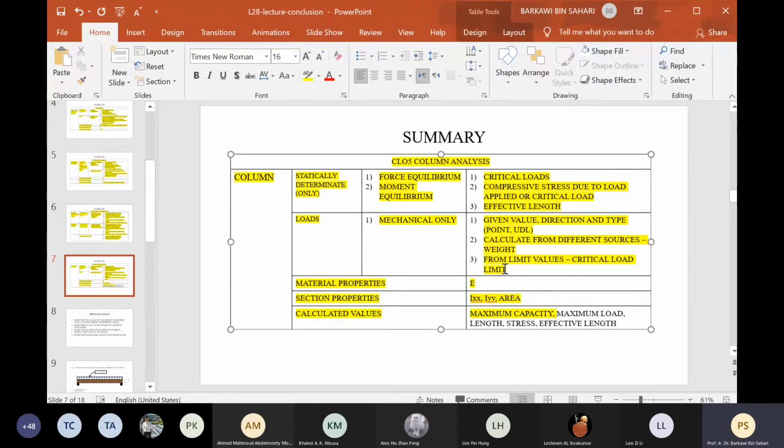If we know the capacity of the tank, then we can put in overflow devices so that it won't go above that particular level. Another one is the maximum load of a certain item or certain column that can be loaded up. The length of the column, the suitable length for the design situation, the stress of the column, and the effective length. So these are the things that you should be able to calculate. Not many equations involved in this, but maybe one or two. P critical, one equation.